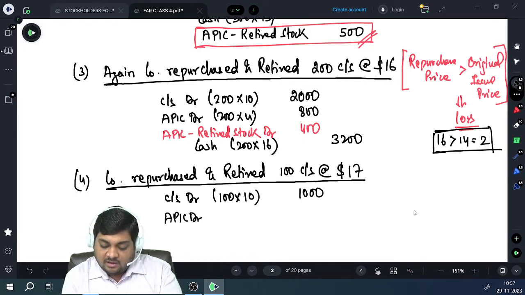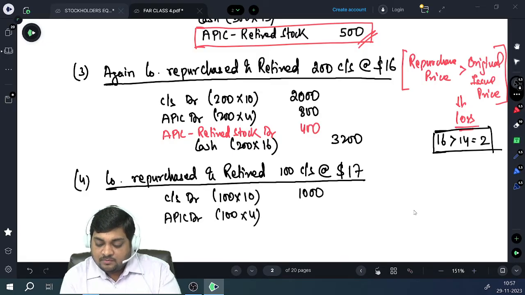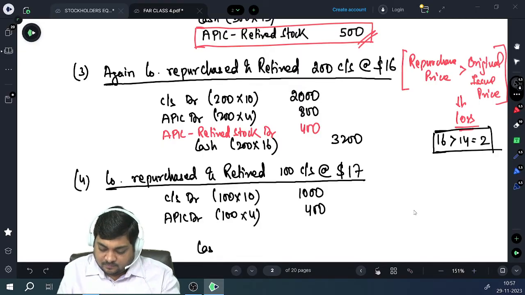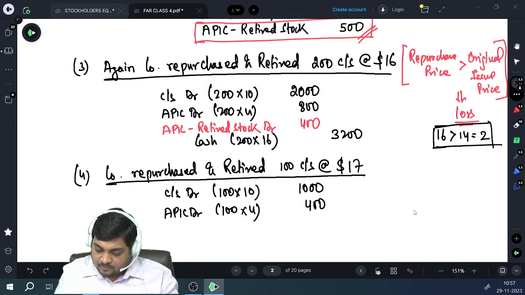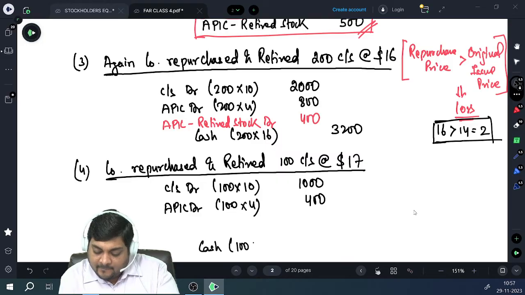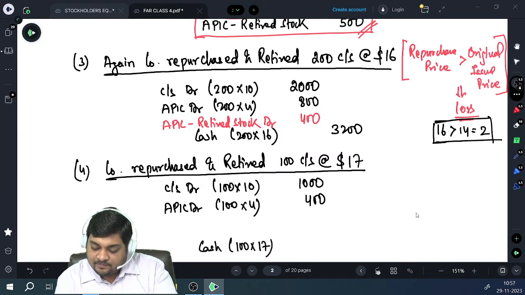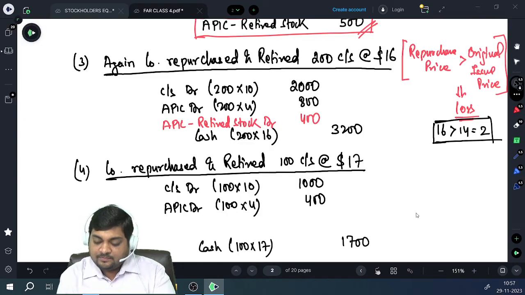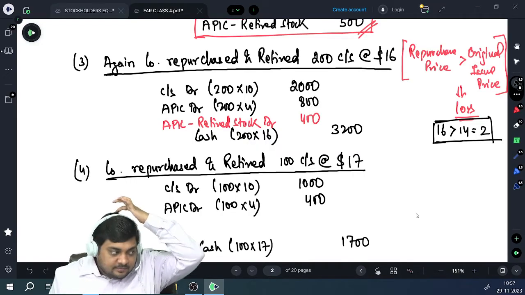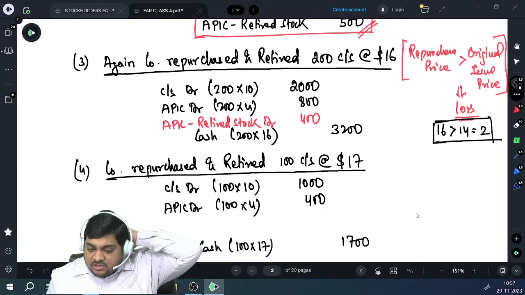Additional paid in capital amount credited was 4, so we debit here 4. How much are we paying? 1700. So now you can see that the total loss is 300, right?